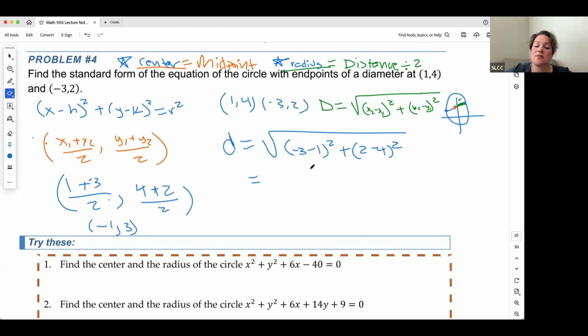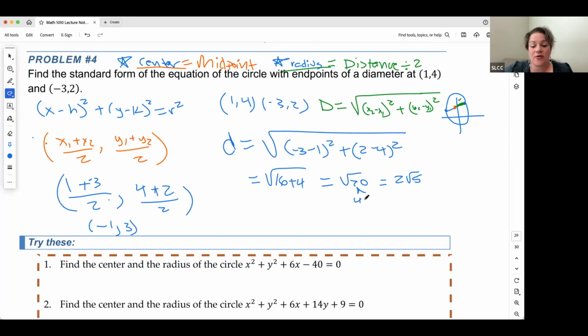Okay, so then this would be (-4)², so that would be 16. And this would be (-2)², so that would be 4. So 16 plus 4 equals the square root of 20. Now, 20 is 5 times 4, and the square root of 4 is 2. So this simplifies to 2√5.